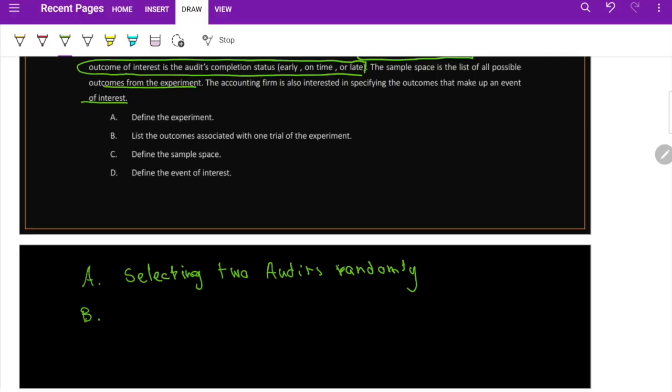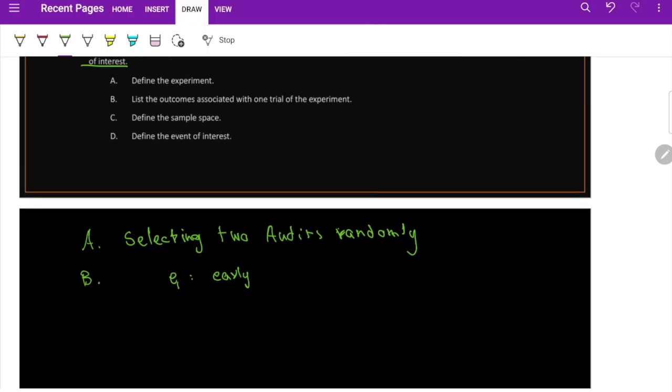So the outcomes can be what? Early. We can call this one E1. The second one is going to be the audit can be done on time, so this is E2. Actually, let's just do the first one.